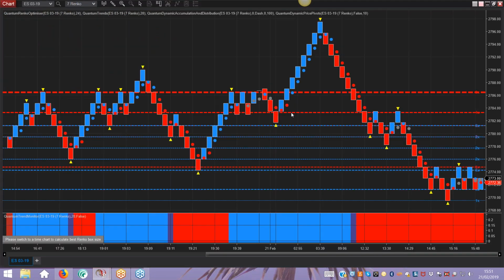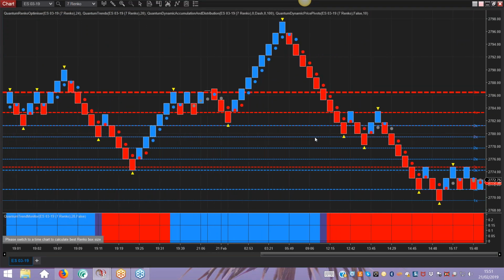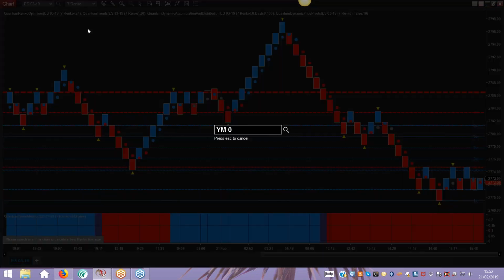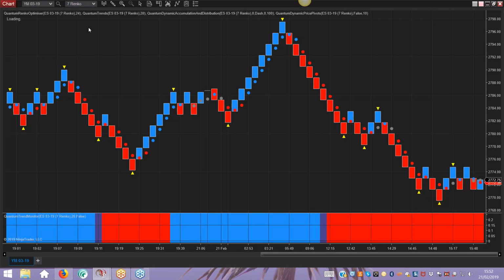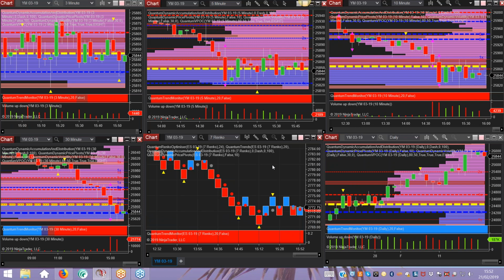I've got this is the ES on Renko. And the indicator is working exactly the same way. I can change it to the YM. Do you want me to change it? Just change that over to the YM. Just pop it down there for a minute. That's it.